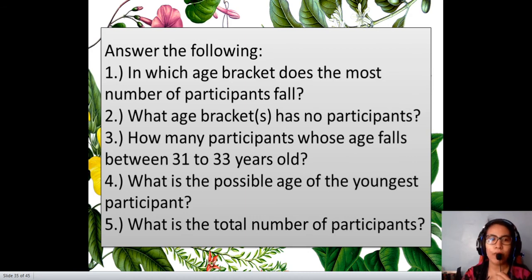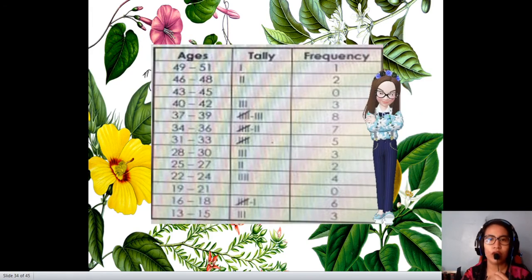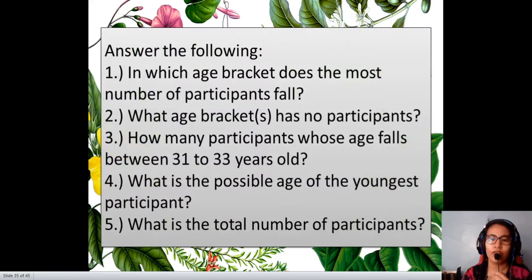Third, how many participants are aged 31 to 33 years old? Fourth, what is the possible age of the youngest participant? Fifth, what is the total number of participants? You will get your answers based on this table for the 5 questions given.